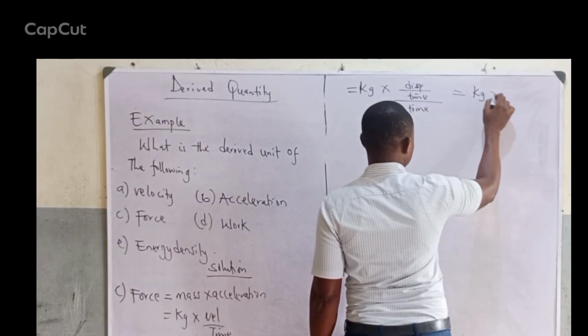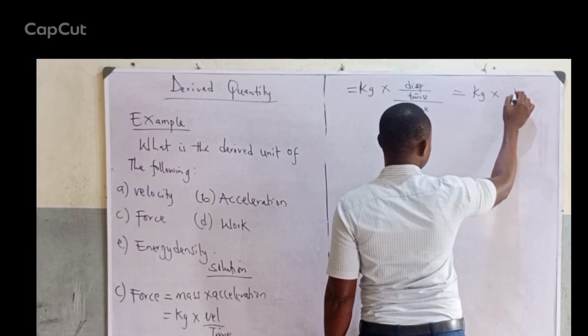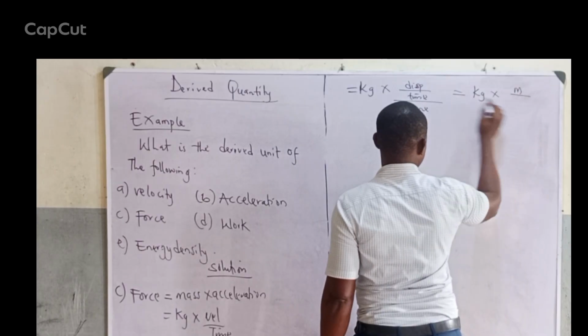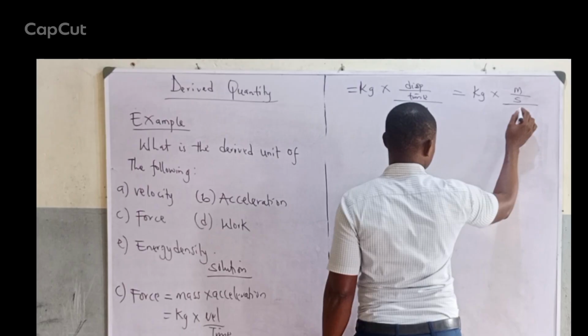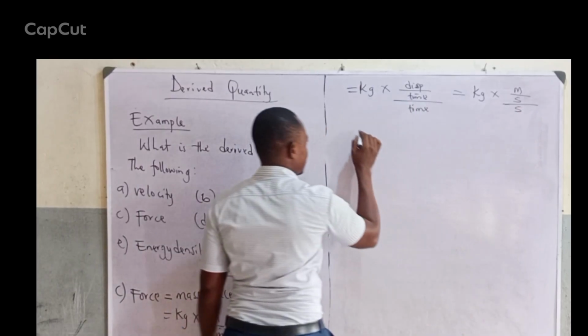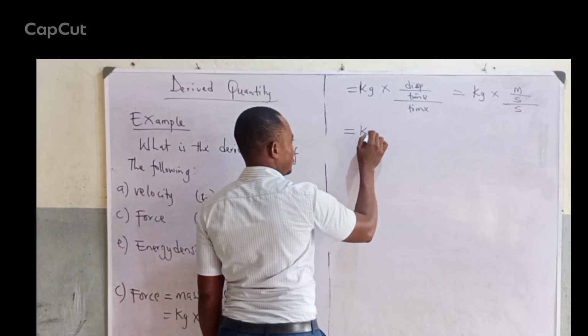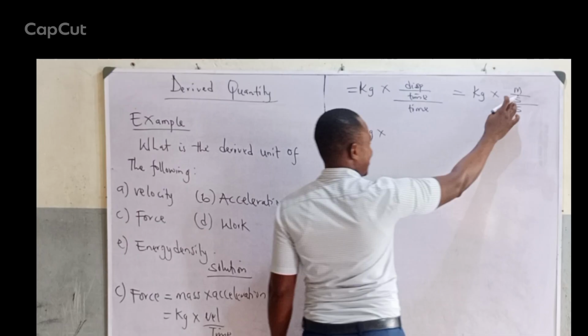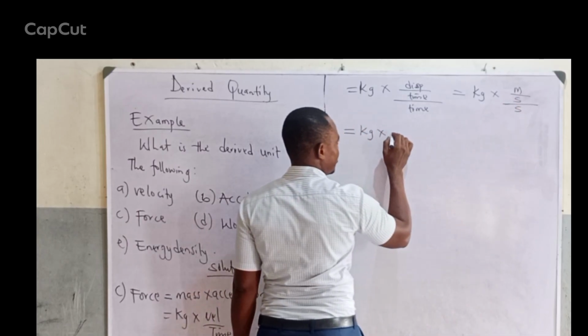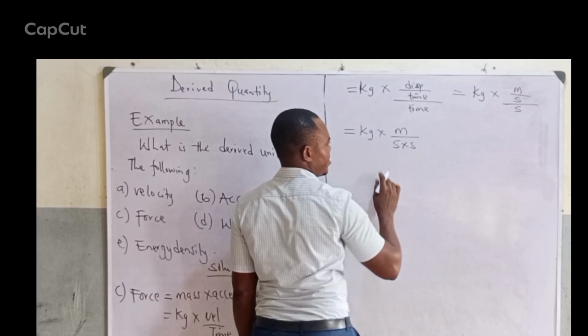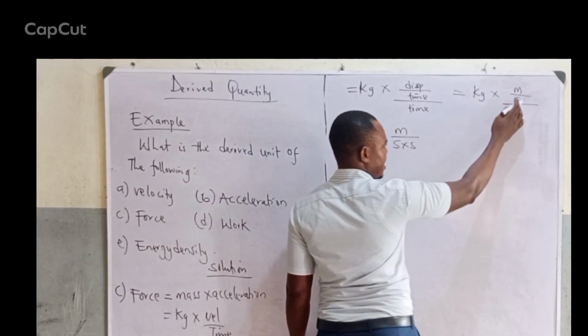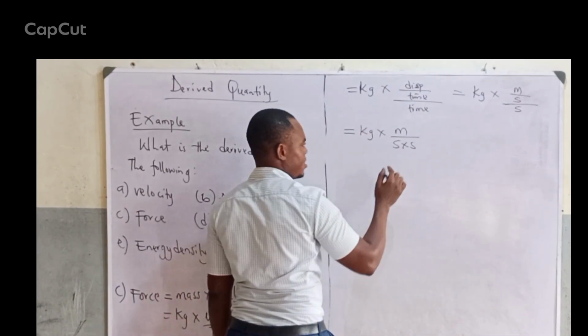Kilogram, displacement is meter, time is seconds, time is seconds. Kilogram times S times S. Remember what I said, that's why I quickly say S times S.